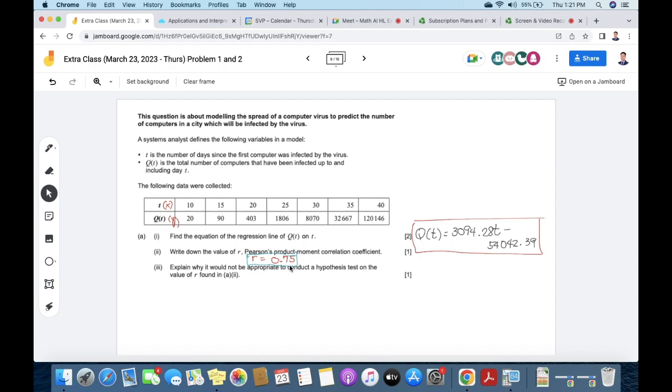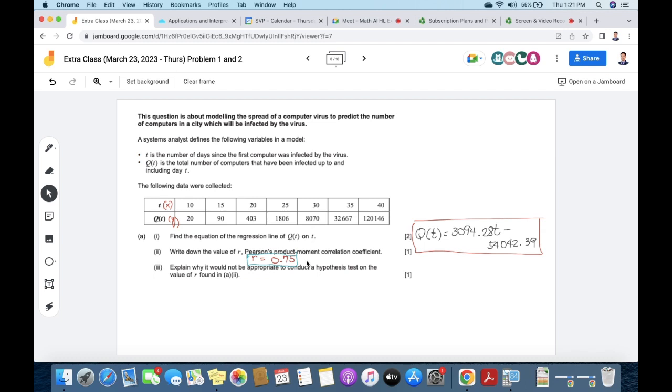So there's a certain bracket, a certain interval, for us to say it's weak positive, it's strong positive. From the words weak and strong, it tells you how much Q of T may change depending on the change in the T. Likewise, it's also possible to have no correlation at all, depending on the result of your R. So that's the use of the coefficient of correlation.